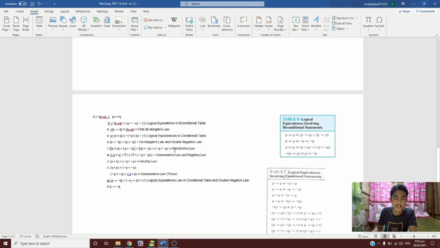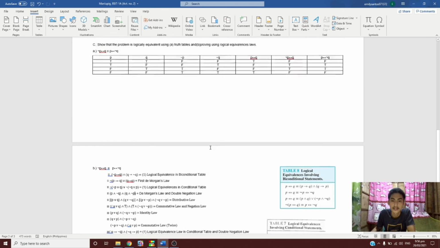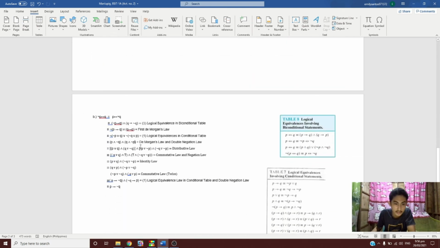Next, I'm using the distributive law since it helps me to find the last part of the provision, using the equivalence laws. So I distributed this one.